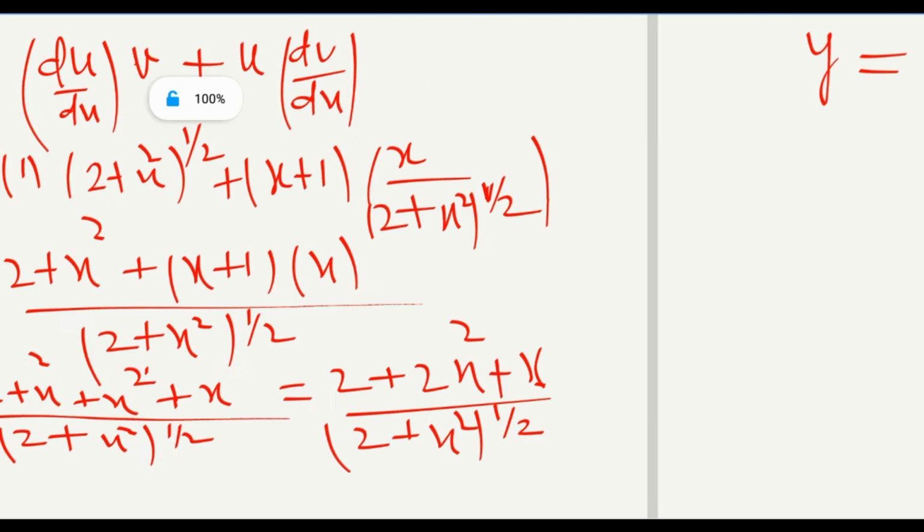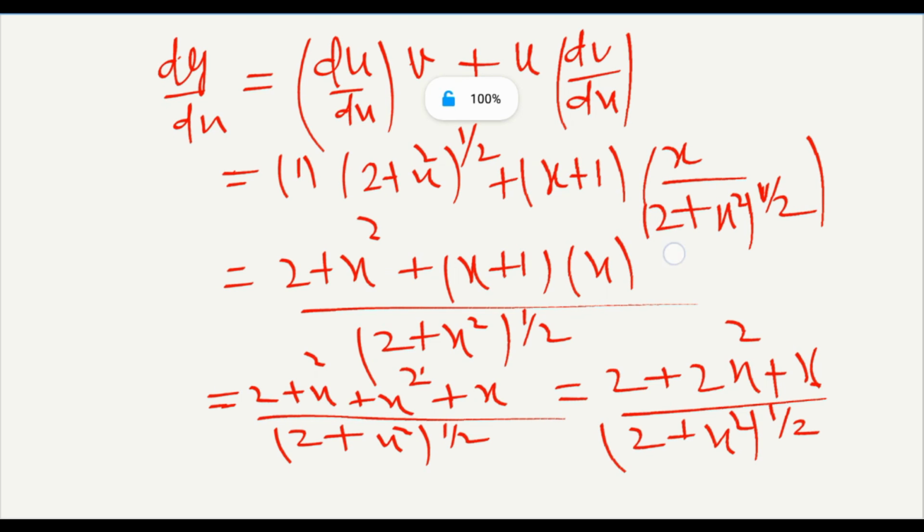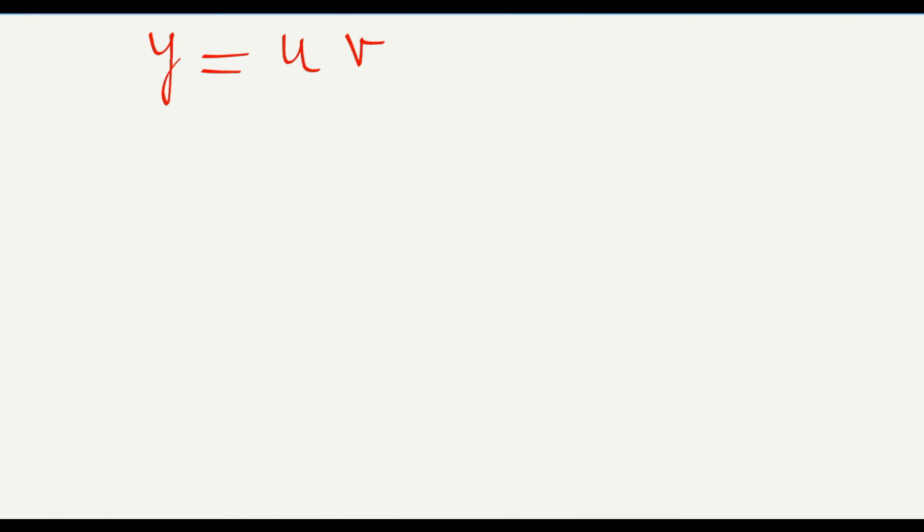Now there is one more query. If the product function contains 3 variables, what will you do? Instead of 2 functions, if the product function contains 3 variables u, v, w, then as I told you, the process is the same.